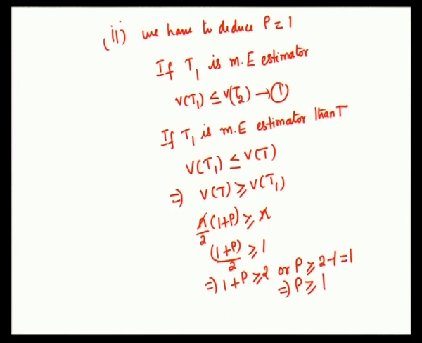You know that the correlation coefficient cannot exceed 1. So which implies that rho is equal to 1. Hence, you have deduced that rho is equal to 1.